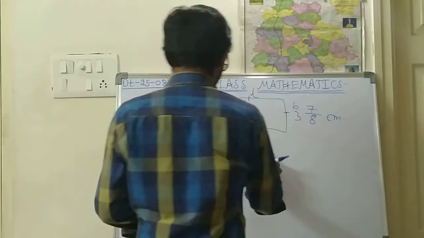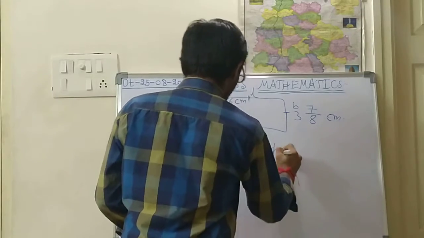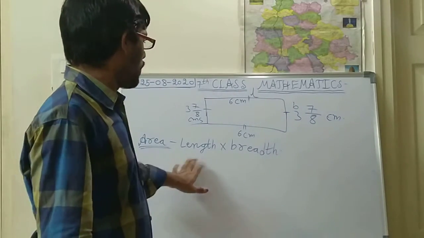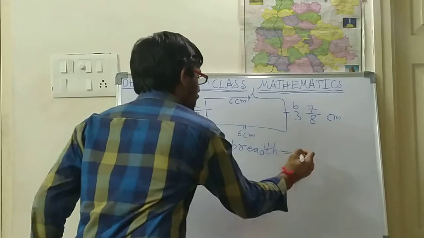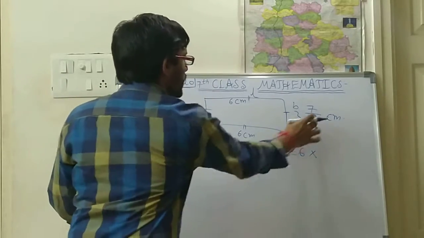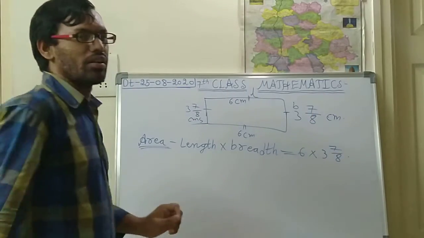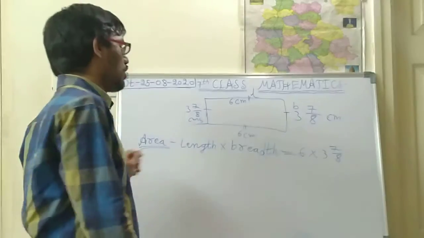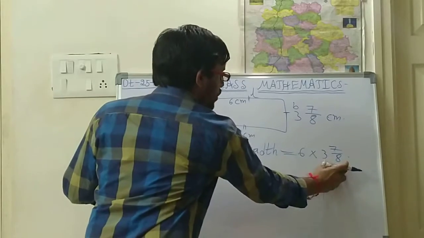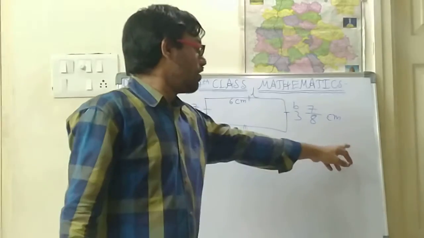The length is 6 centimeters, breadth is 3 7 by 8 centimeters. Now you have to convert. First you should convert this mixed fraction into which fraction?